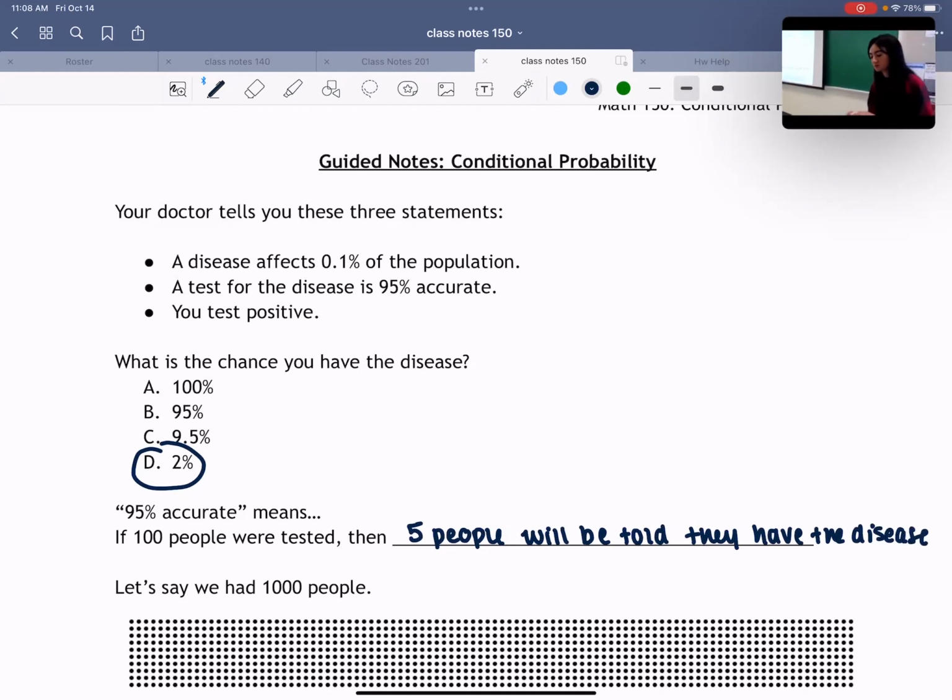Now, this accuracy isn't like a set in stone definition. If you look at other medical tests, this might not be what it means. But for this situation, let's just say that's what it means for something to be 95% accurate. 5 people are going to be told that they have the disease, whether they have the disease or they don't have the disease.